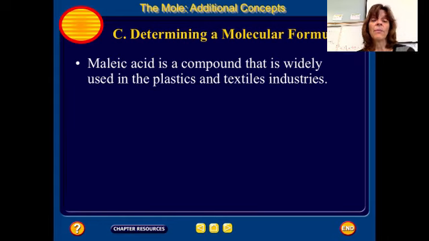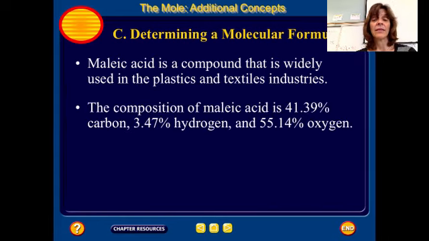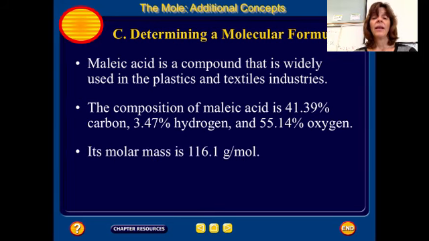Maleic acid is a compound widely used in plastics. It has a composition of 41.39% carbon, 3.47% hydrogen, and 55.14% oxygen. The molar mass of the real compound is 116.1 grams per mole.